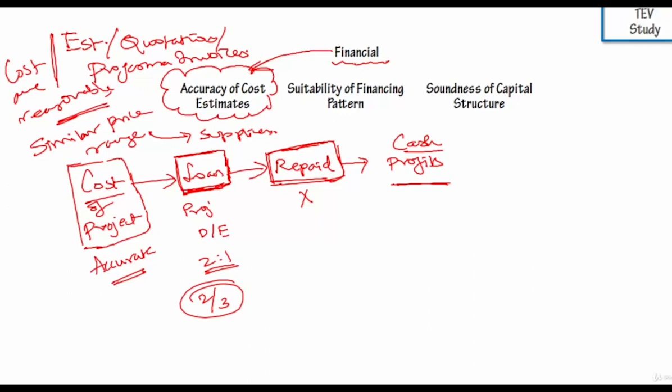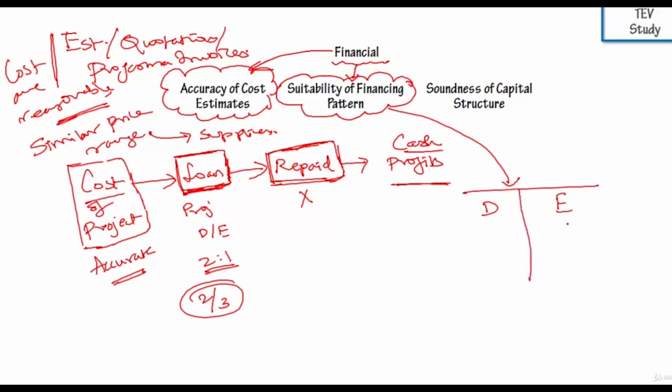Next, the TEV report will also comment on the suitability of the financing pattern. That is how this project is going to be funded, because the project can be funded in a combination of debt and equity. So how much is going to come from equity, how much from debt, and within equity what are the distribution patterns?